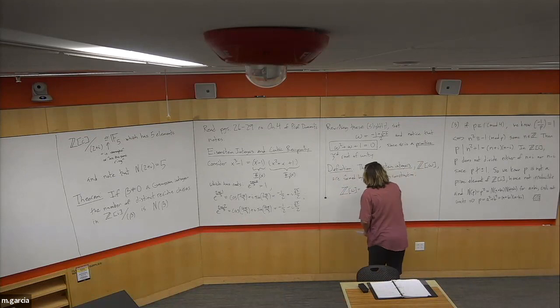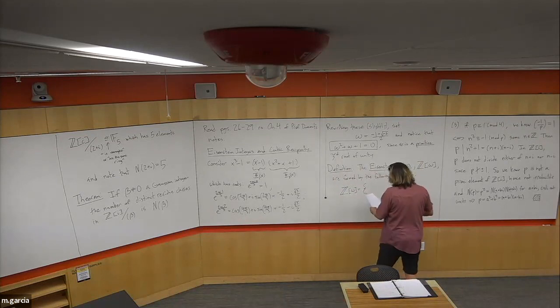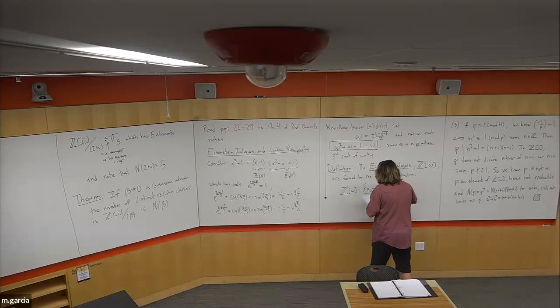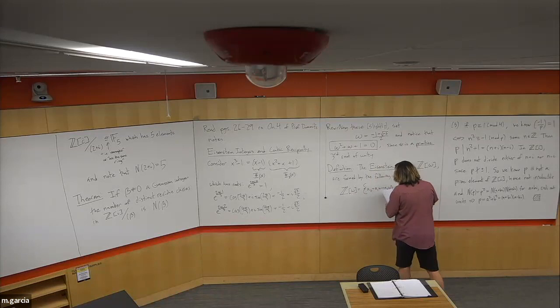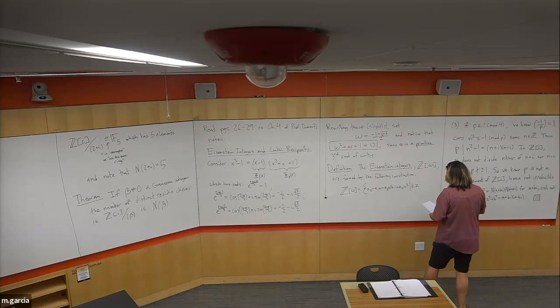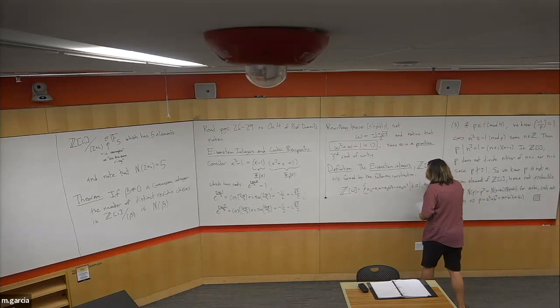We will look at the set of all expressions of the form a0 plus a1 times omega plus a2 times omega squared plus and so on up to ak times omega to the k, such that k is greater than or equal to 1, and each ai is an integer.